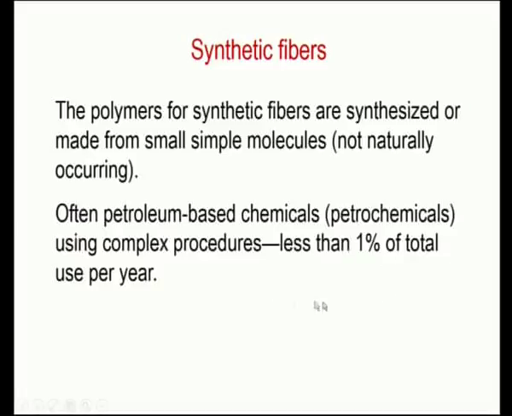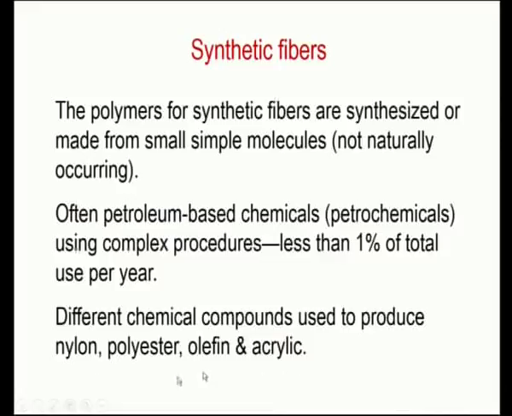Less than 1% of total use per year. So, if you want to make synthetic fiber material, you can use chemicals or petrochemicals. Different chemical compounds are used to produce nylon, polyester, olefin and acrylic. These are representative examples, and we will see the properties and synthesis of those materials.